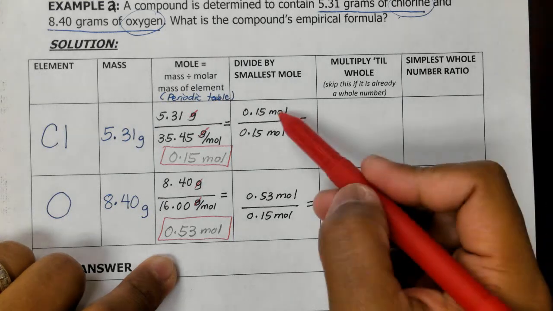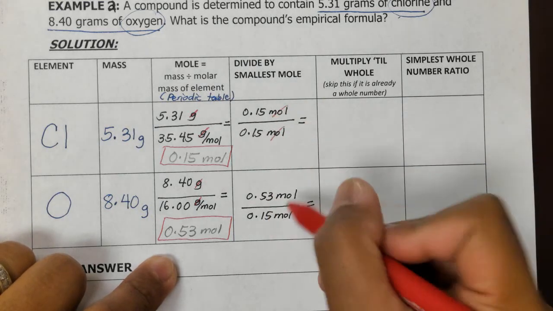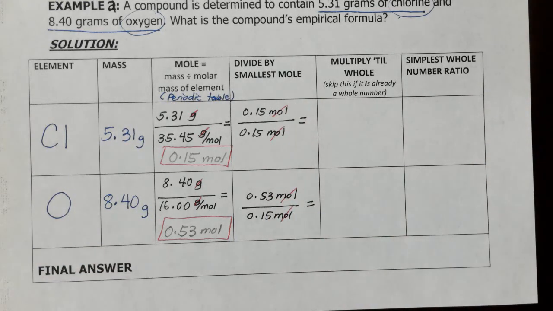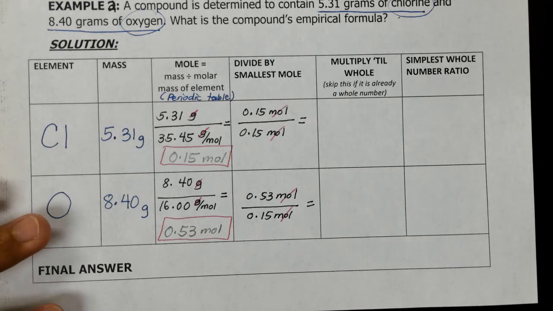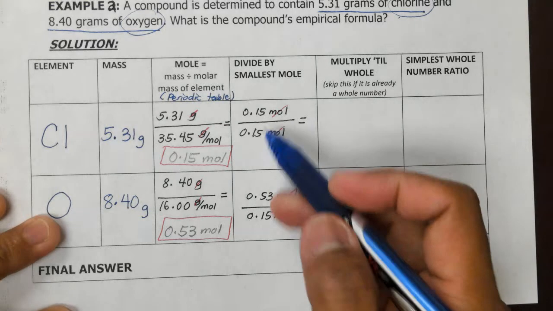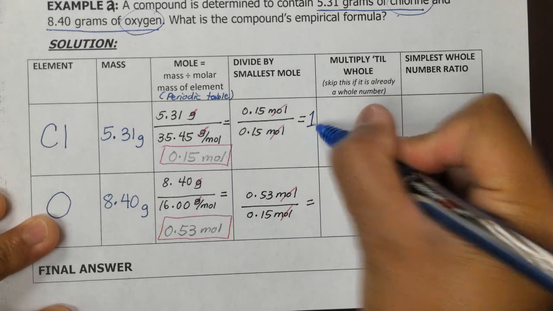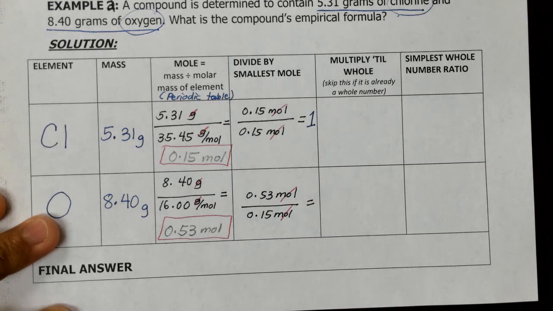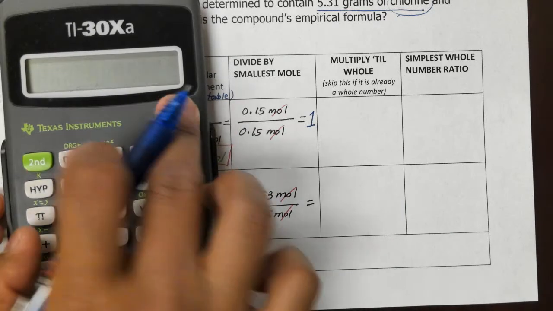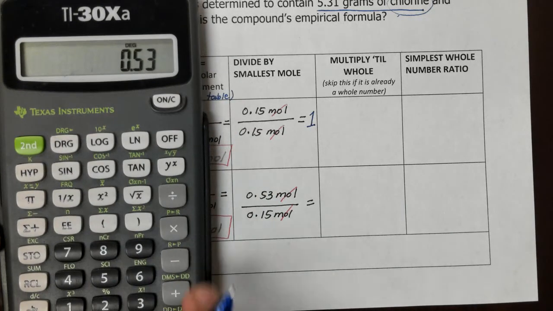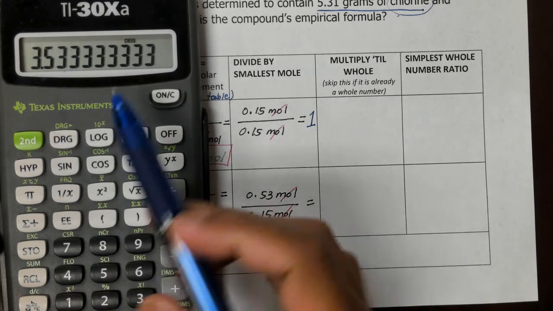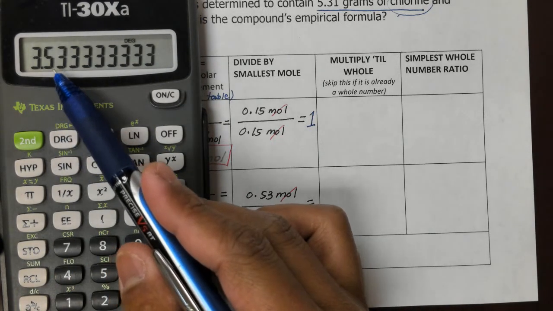And you know that mole over mole, the unit gets to cancel out. Therefore, we don't have a unit anymore for this particular step. So 0.15 over 0.15 will give us a 1 because it's by itself. And we'll have 0.53 divided by 0.15. That will be equal to around 3.53.